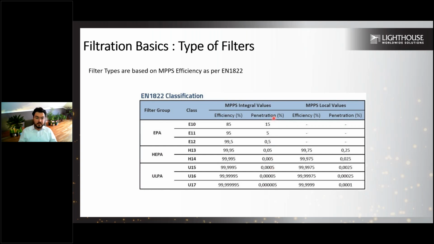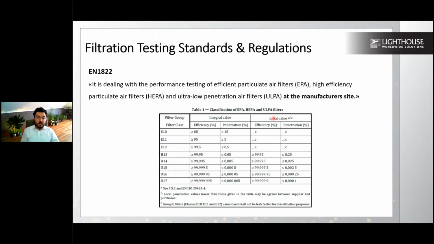This EN 1822 classification is only valid for manufacturers. The regulation itself says it deals with the performance testing of efficient particulate air filters, EPA, high efficiency particulate air filters, our HEPA filters, and ultra low penetration air filters at the manufacturer's side.